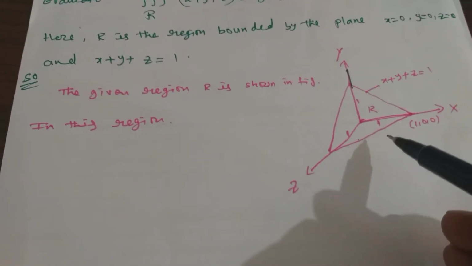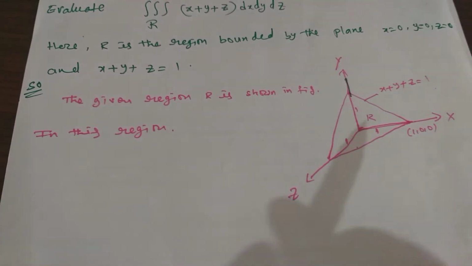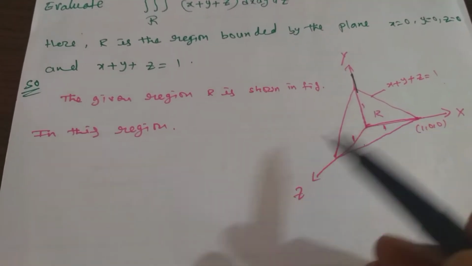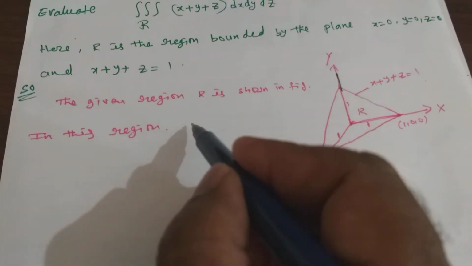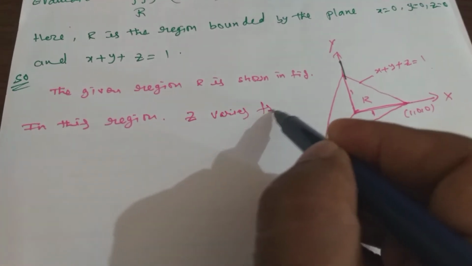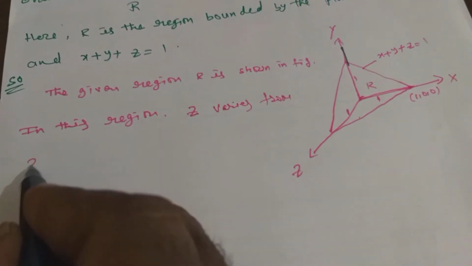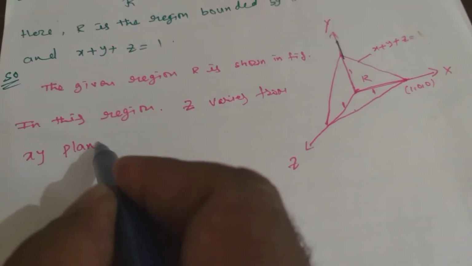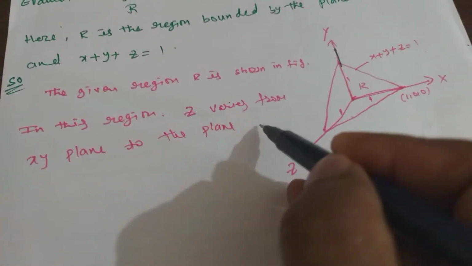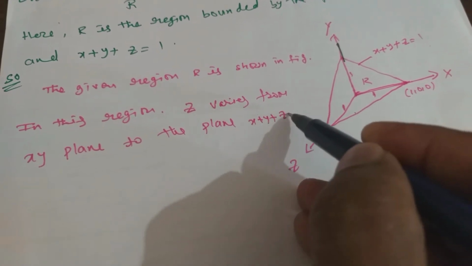First we should get the limits of z. The given region R is shown in this figure. In this region, z varies from the xy plane to the plane x plus y plus z equal to 1.